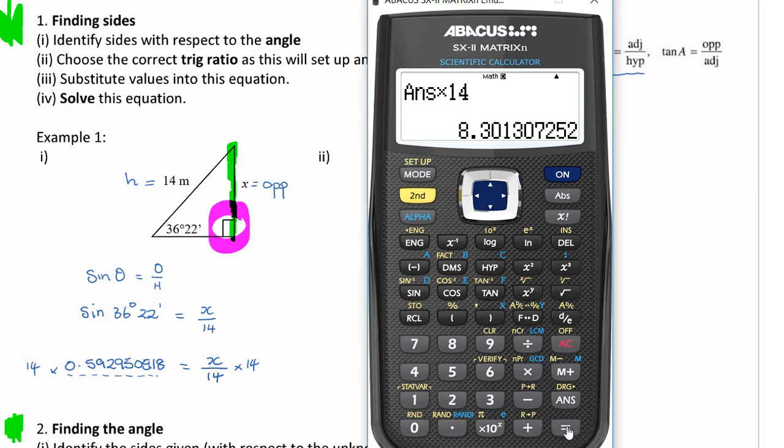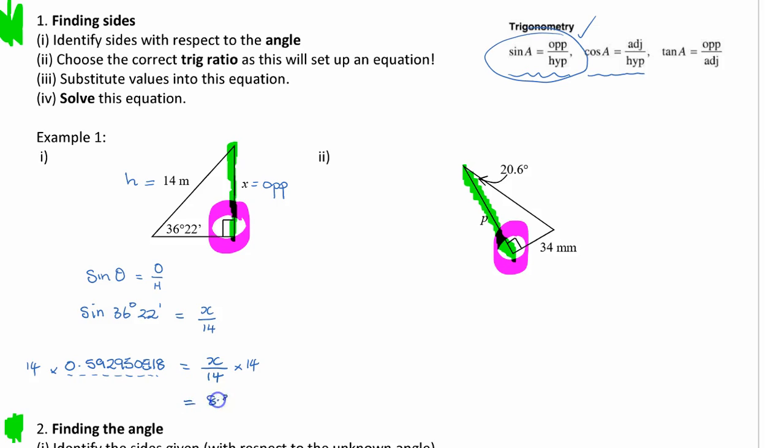And we can see it's 8.3, and you could fill in the rest of the decimal places and round it. Because there was no instruction about how to round, we can decide how to round, and I'm rounding to 1 dp, but I indicate that that's what I've done.